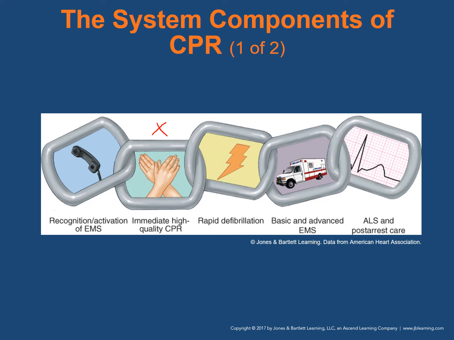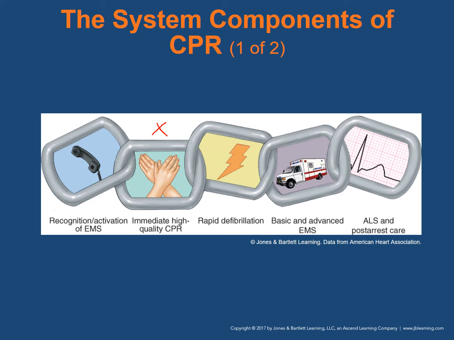In my opinion, this is the most important link in the chain of survival. Just like we talked about, the heart and the brain can only go for so long without oxygenated blood flow. They will die very quickly if blood flow is not restored. So the faster that we can get to the patient and the faster we can start CPR, especially chest compressions, to start circulating blood, the better their chance for survival.